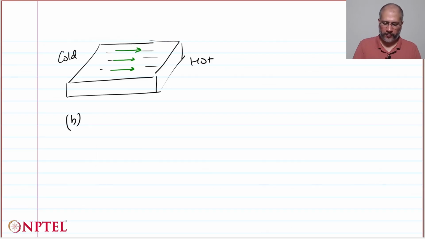So if I fix a point, let's say point F, which is a fixed point in the spatial coordinates, and I measure the local change of temperature with time for this spatially fixed point F, I will notice that this is 0.